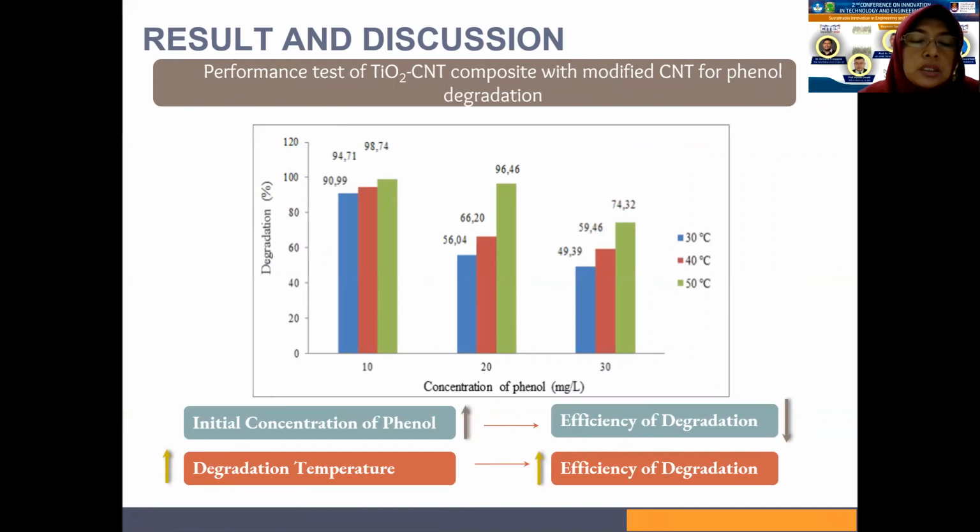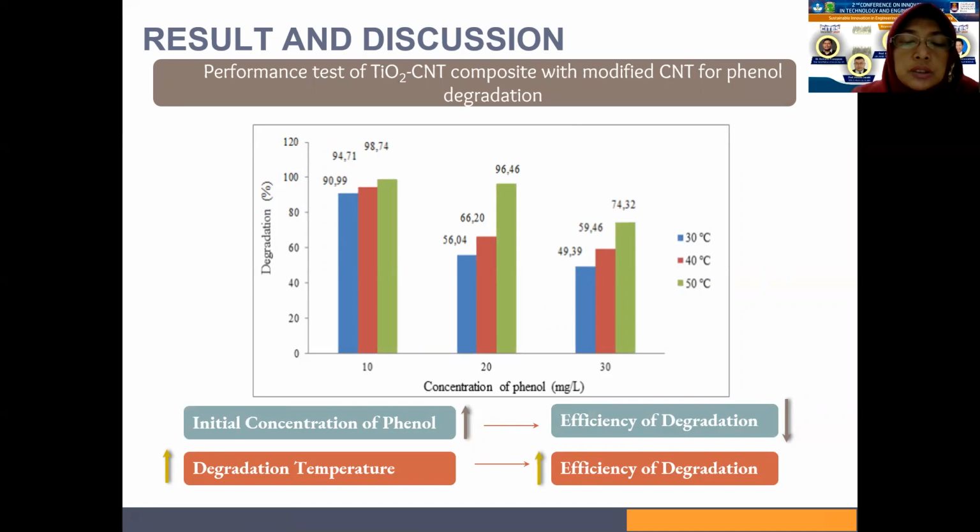The figure shows that the percentage of degradation of phenol decreased with an increase in the initial concentration of phenol. The figure shows the percentage degradation against concentration of phenol and temperature of degradation.